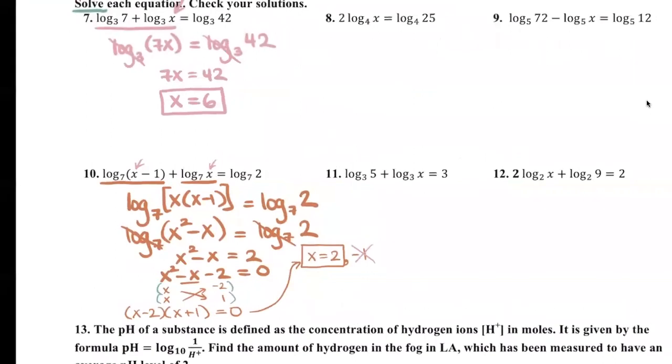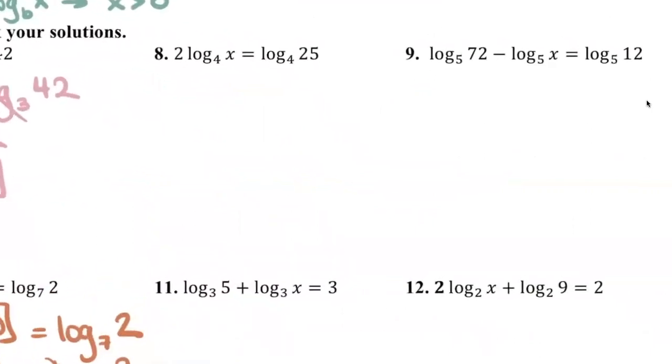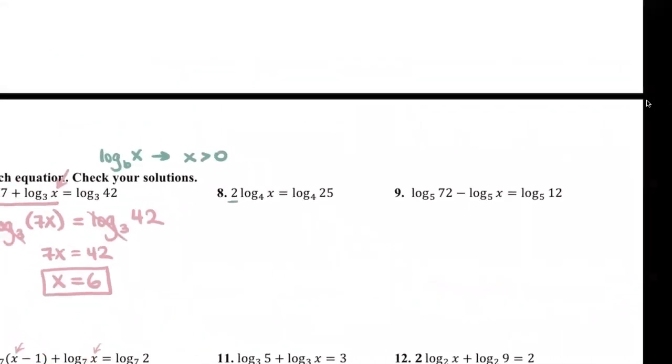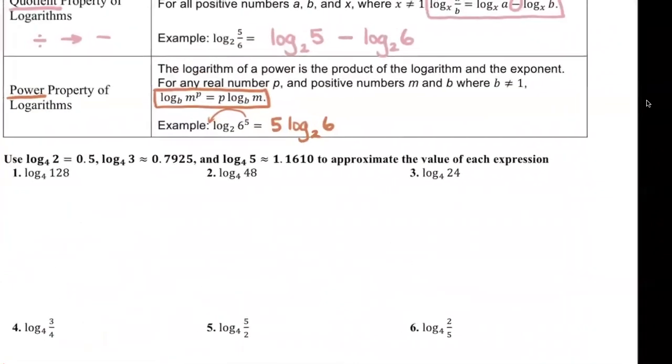Okay, let's try a few more. Let's go back to number 8. All right, so number 8. I already have just one log, but I noticed the 2 out in front. So what I'm going to use is the third property.